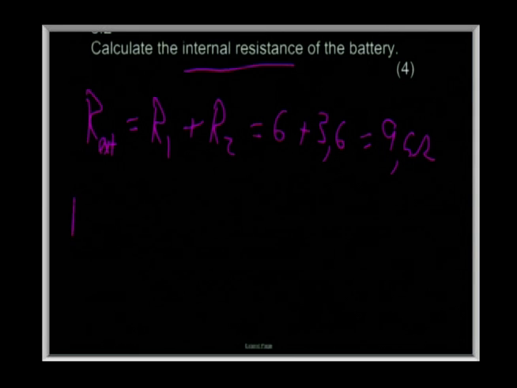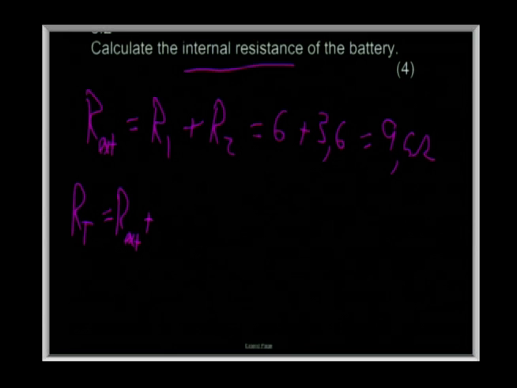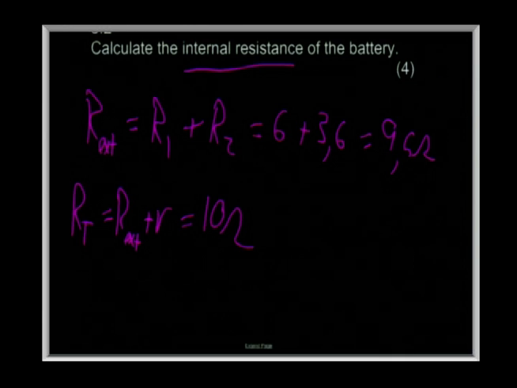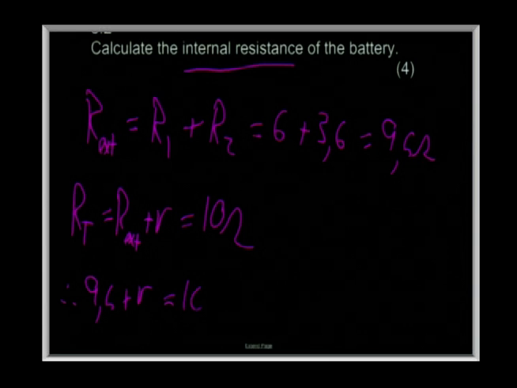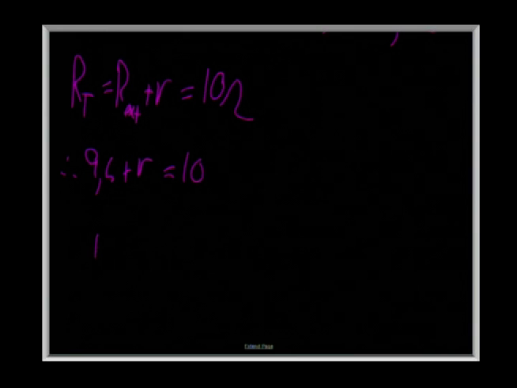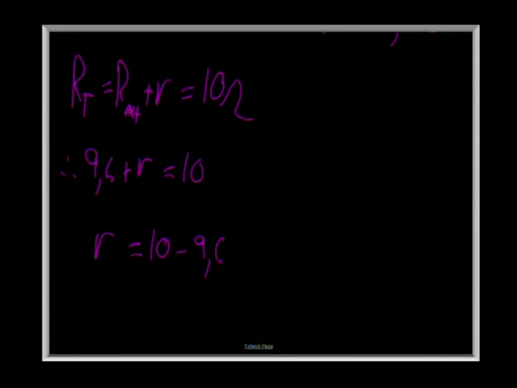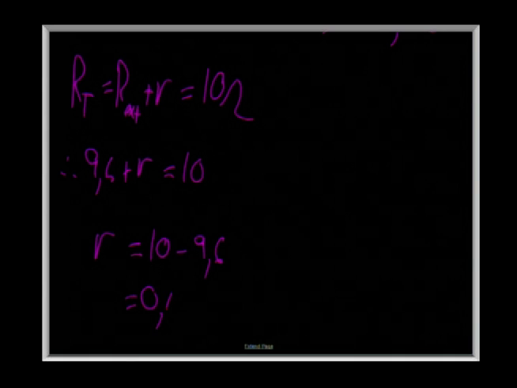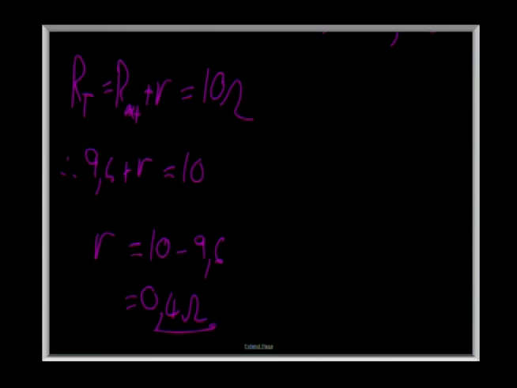But we know that R total, which is equal to R external plus little r, is equal to 10 ohms. So how are we going to get little r? Not difficult. Let's substitute the values in. We've got 9,6 plus little r is equal to 10. So little r is equal to 10 minus 9,6, which you should all see is 0,4 ohms. Got it? Let's move on.